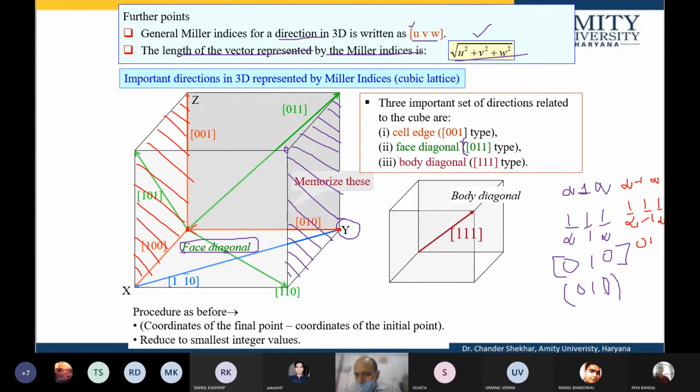Therefore 0 1 bar 0 is the Miller indices for the direction, and for the plane, 0 1 bar 0. Similarly for all the planes forming the top and bottom, sides, and front and back, the 6 planes, I can write the Miller indices this way. So (0 1 0) we have just seen, and corresponding to it there is (0 1 bar 0).